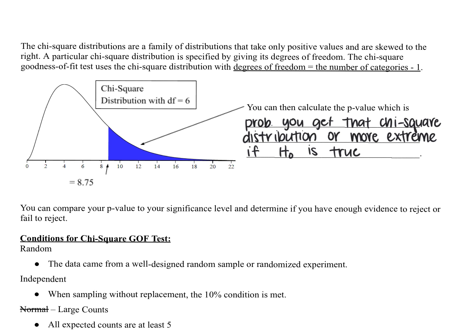It's basically saying what is the probability that this difference is due to chance variation. And then you can compare your p-value to your level of significance and determine if you have enough evidence to reject or fail to reject.